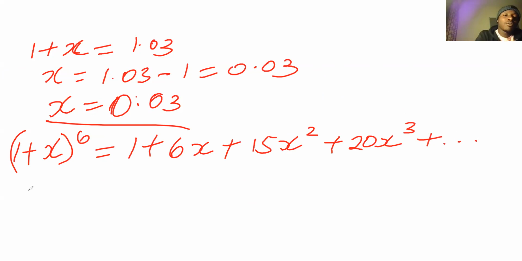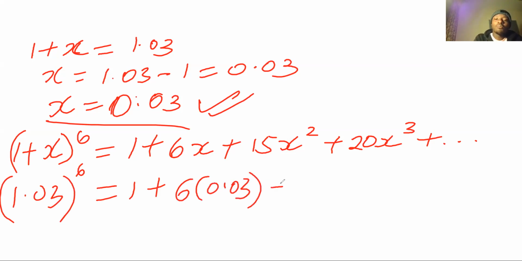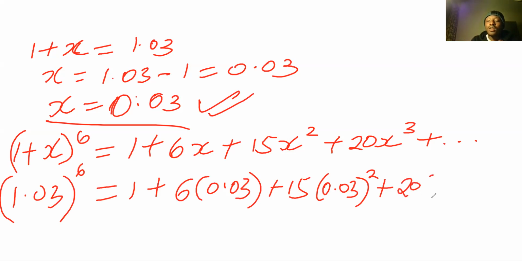So therefore, our 1.03 power 6, we replace x with this value. So it will be 1 plus 6 times 0.03 plus 15 times 0.03 squared plus 20 times 0.03 cubed.